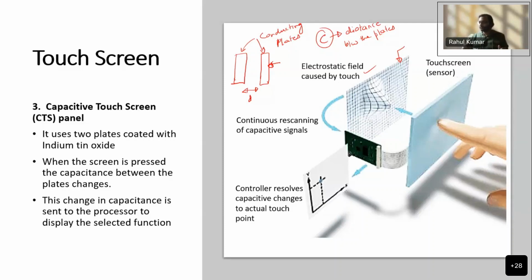feature. Okay, so a capacitive touch screen panel uses two plates coated with indium titanium oxide. Obviously these conducting plates should be conducting as well as transparent. Only then will you be able to see what information is being displayed on the LED, LCD, or whichever display you are using.